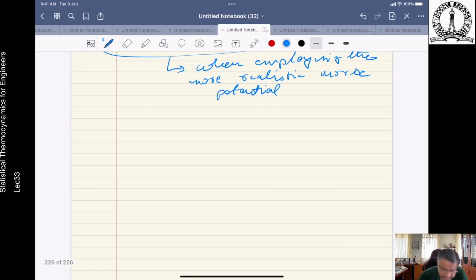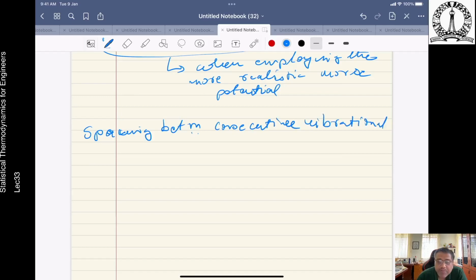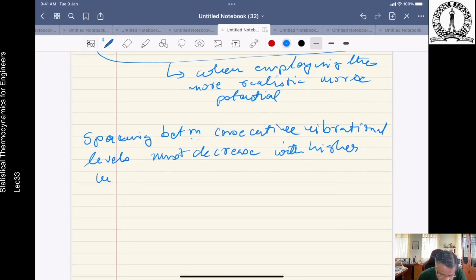Now you can see that the spacing between consecutive vibrational levels must actually decrease with higher vibrational quantum numbers.